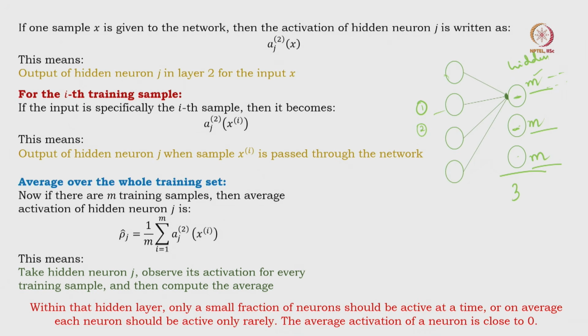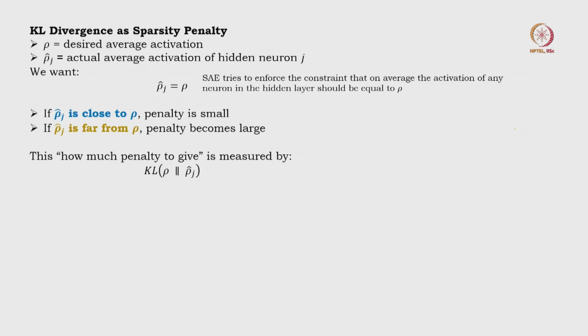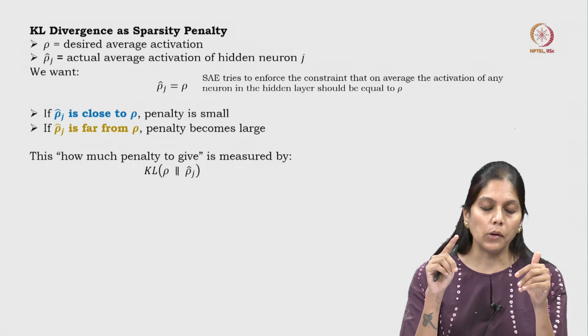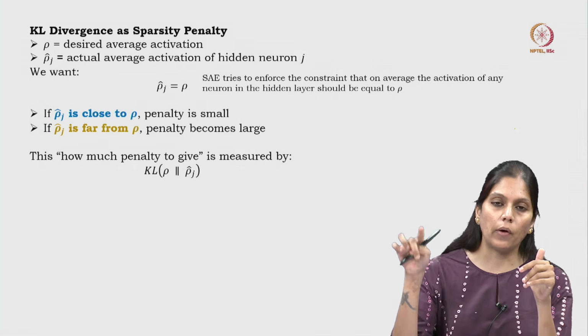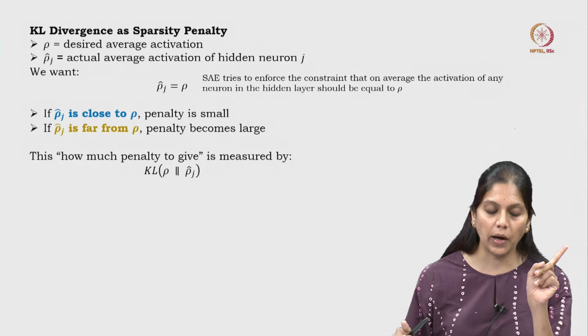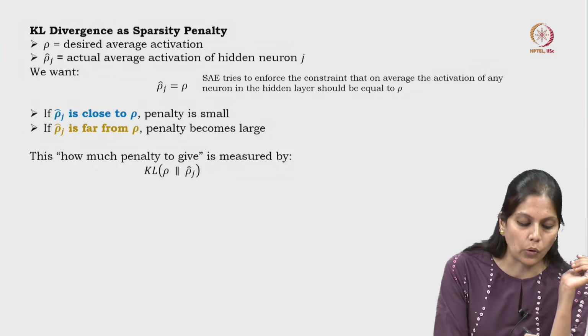Okay, now let us understand this a little more mathematically. One thing we have seen is that you have taken an average. Average of all the values at the first neuron, you take the average of it, and you will get one value. That value we call rho hat.